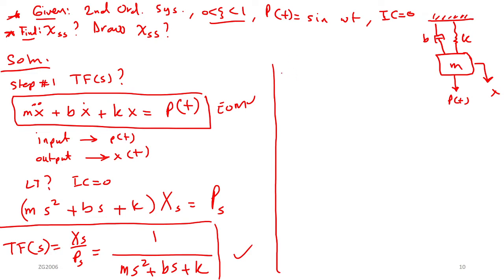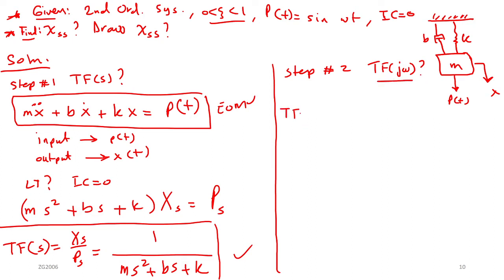Step number 2: get the sinusoidal transfer function. Instead of s, I'm going to plug in the sinusoidal part of s, which is j omega. We call this the sinusoidal transfer function.